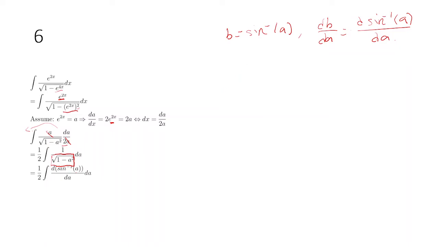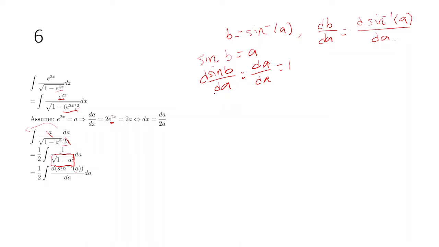Now, you can just find that the sine of b is equal to a. Now we can derive all of these with respect to a. So the derivative of sine b with respect to a is equal to the derivative of a with respect to a, which is equal to 1.